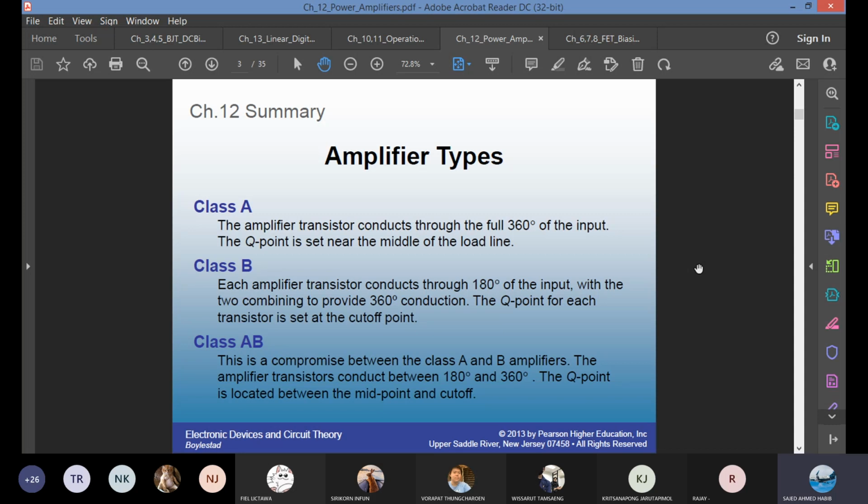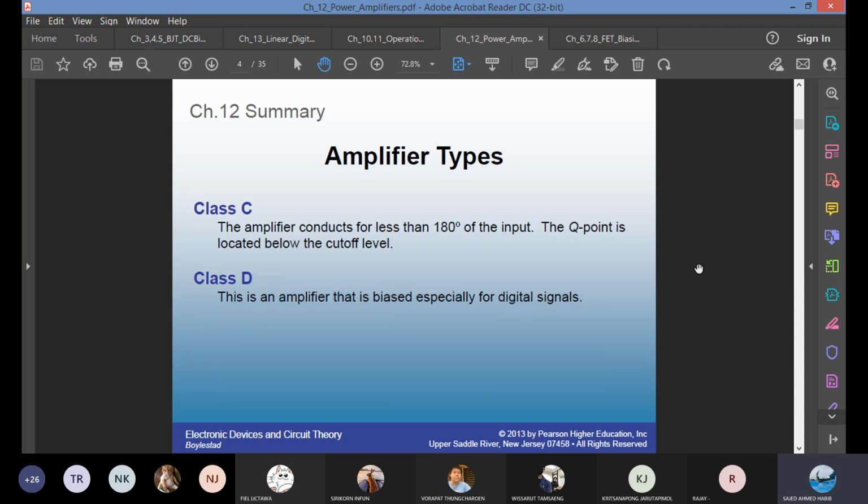Class AB is a compromise in between A and B. The output is more than 180 degrees, but less than 360 degrees. The operating point is between the midpoint of the load line and cutoff. So you're above the cutoff point, but below the midpoint of the load line. Class C conducts for less than 180 degrees.